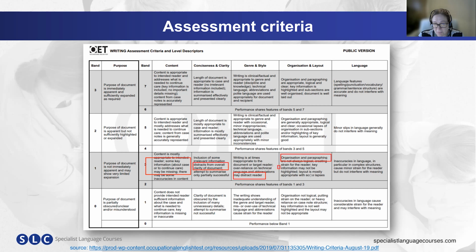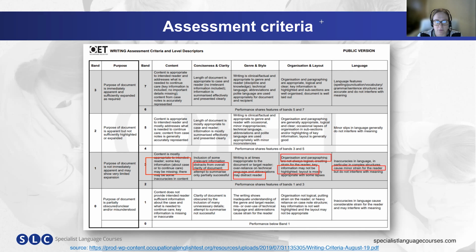Key information may not be highlighted. And here we've got strain for the reader. So obviously in a medical situation, like working in a hospital or GP, strain and missing information and distractions, not so great. So I guess that's why we need the score to be high enough in the OET exam.